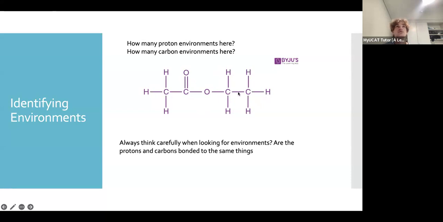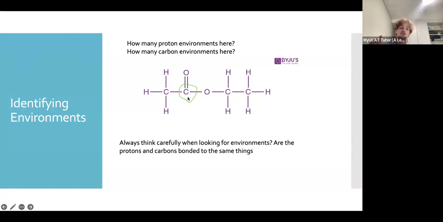And what you basically want to be able to tell me is how many different types of carbon are in this molecule. So this carbon, I'll circle it over here. If you drew what it's bonded to, you can see it's got a double bond to an oxygen, a single bond to a carbon, a single bond to an oxygen. And if you wanted to, you wouldn't have time in an exam really, but you could make a list.